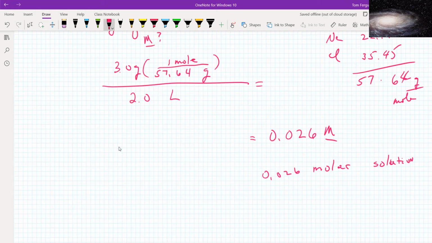Okay, so does that calculation make sense? Always working with moles. Okay, so let's do one slightly different.